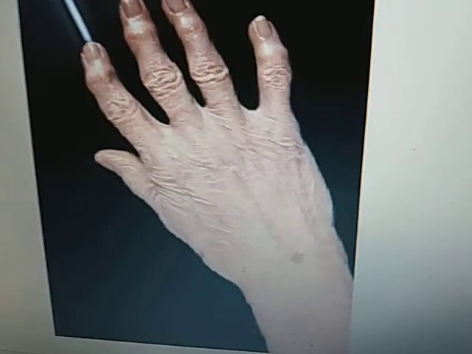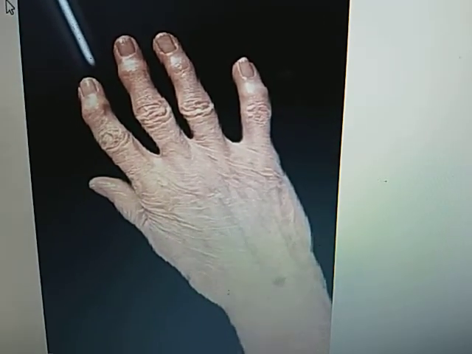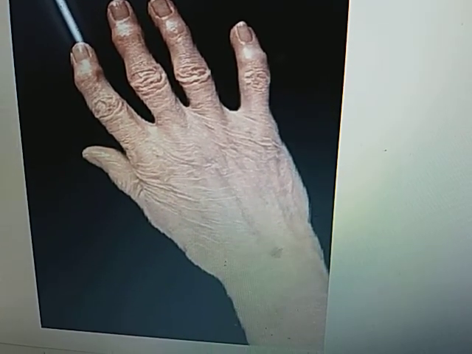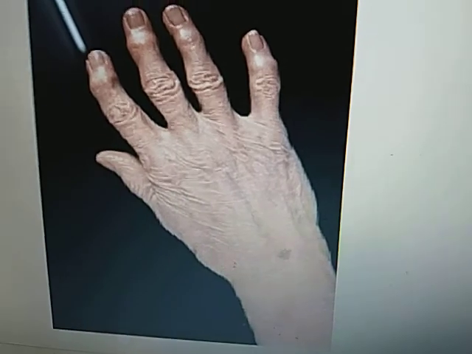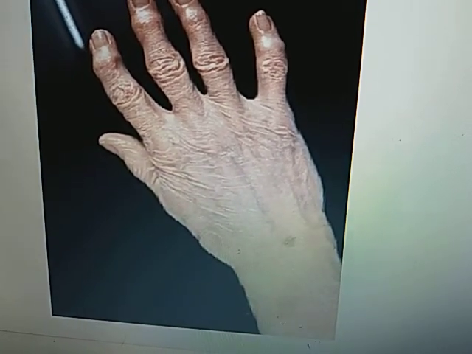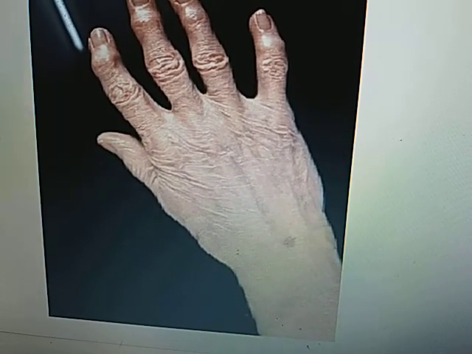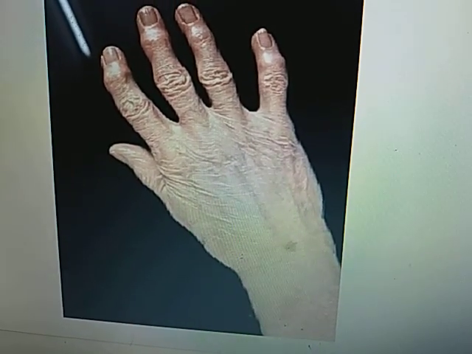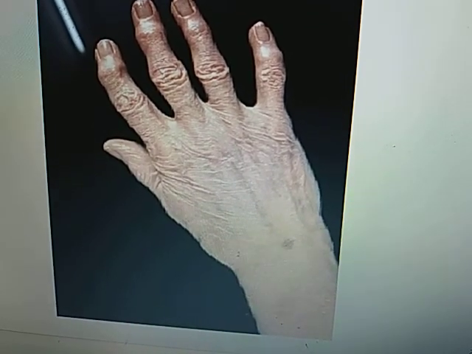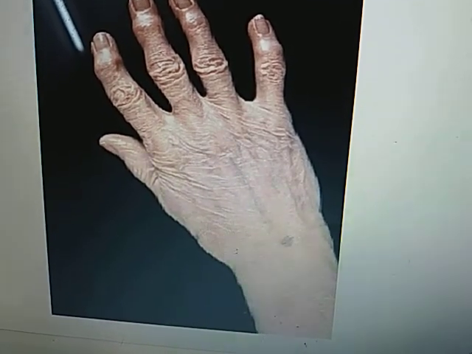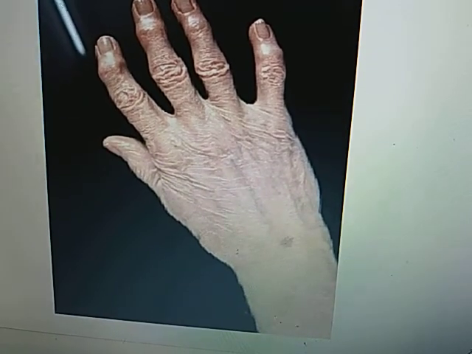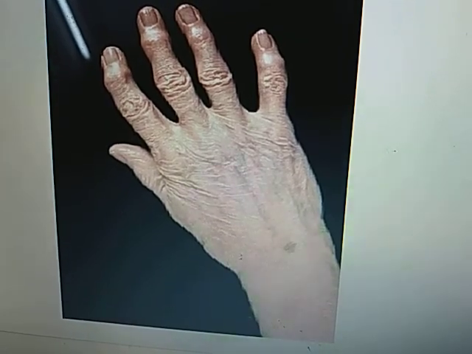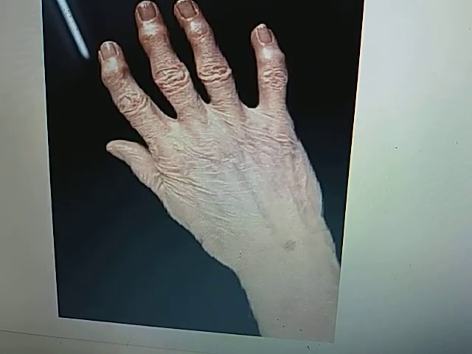Hand picture with osteoarthritis showing the Heberden's nodes at the distal interphalangeal joints, Bouchard's nodes at the proximal interphalangeal joints, and the squaring of the hand, square hand, due to adduction of the thumb due to osteoarthritis of the first CMC joint at the base of the thumb.